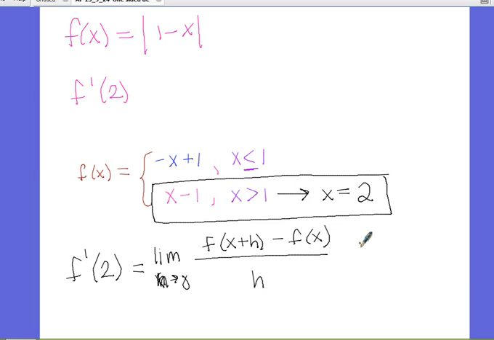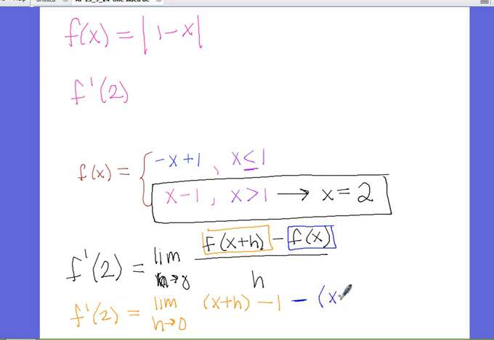Therefore, and I'll do it in one step, f prime of 2 would equal the limit as h goes to 0 of the parentheses x plus h, and then minus 1. This minus sign, f of x itself is x minus 1, and then the whole entire piece would be over h.